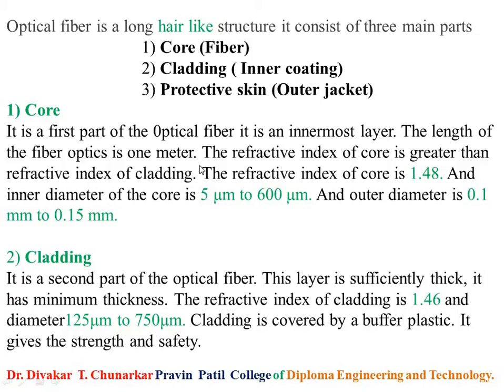Here the refractive index of the core is 1.48, the inner diameter of the core is 5 micrometer to 600 micrometer, and the outer diameter of the core is 0.1 mm to 0.15 mm.